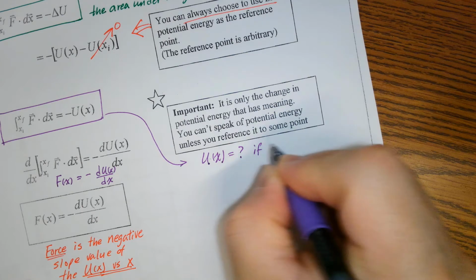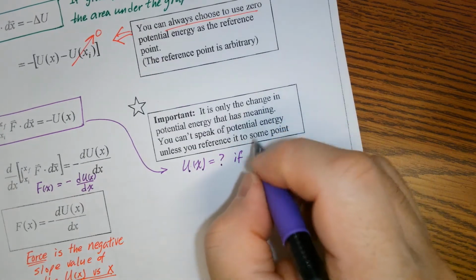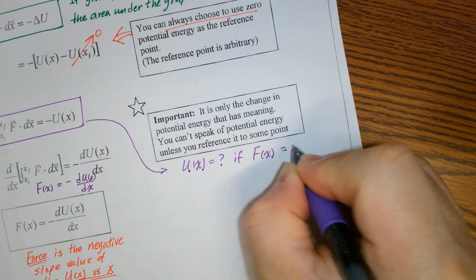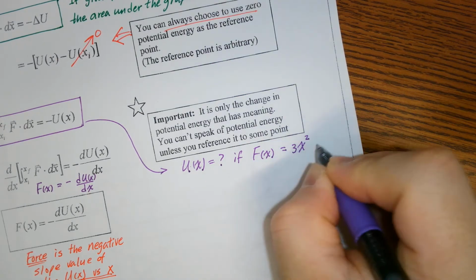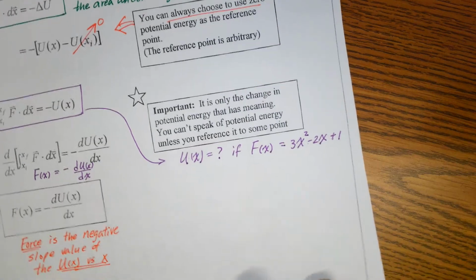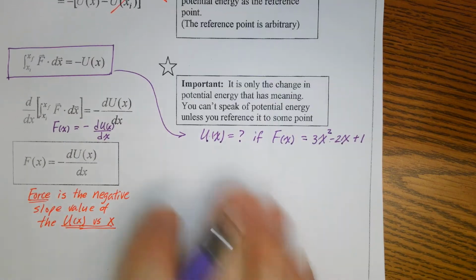Let's say f of x is equal to 3x squared minus 2x plus 1. So this is just an example, okay?